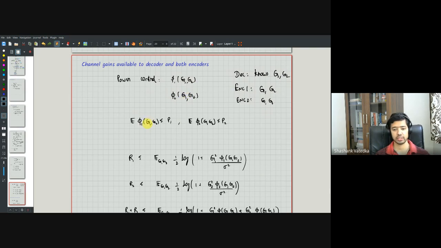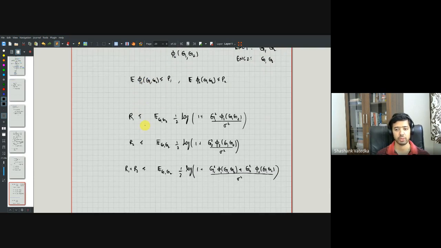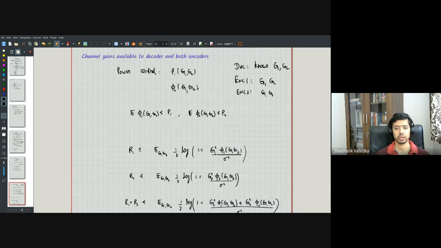Right? So in this case, the rate region turns out to be, again, a more complicated optimization problem. So you look at all possible power control schemes, phi1 of G1 G2, phi2 of G1 G2, where both P1 and P2 depend on both G1 and G2.